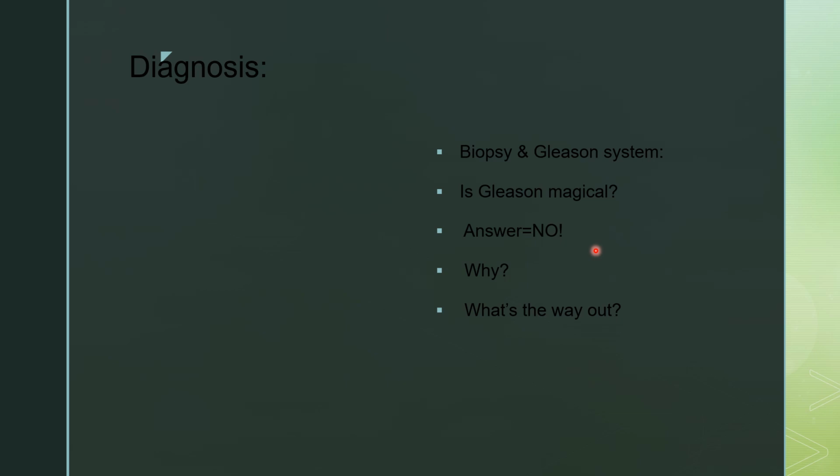We have other tests that could help us for comorbidities, already establishing that or ruling them out. We have the PSA. We have the prostate acid phosphatase. We have the X-ray. We have the bone scan. Name it. We put all together and then tell the patient, this is the diagnosis.